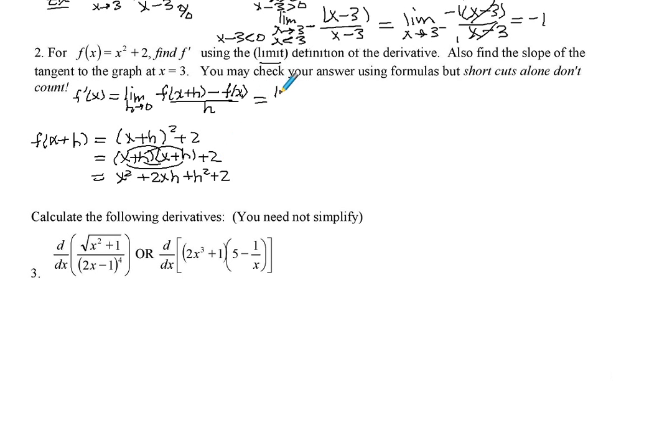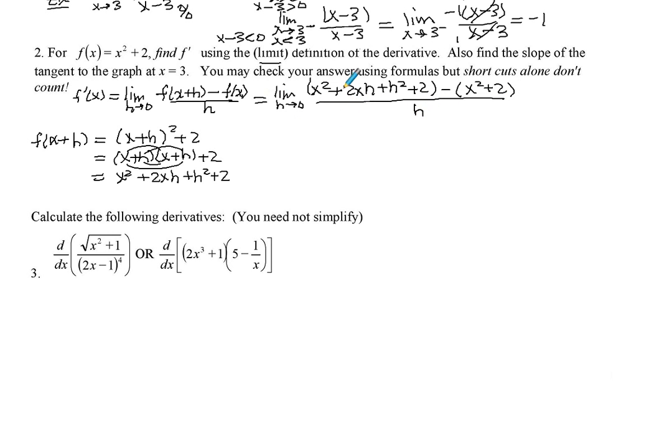So this is going to be a limit as h goes to 0, and x squared plus 2xh plus h squared plus 2, that's our f of x plus h, minus our f of x, which is x squared plus 2, all over h.